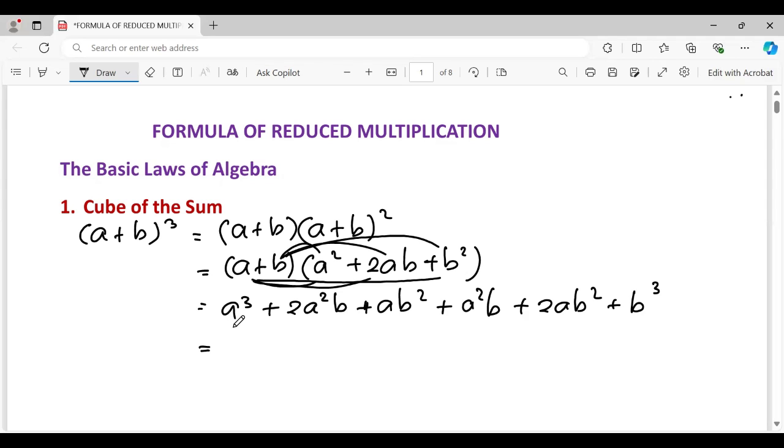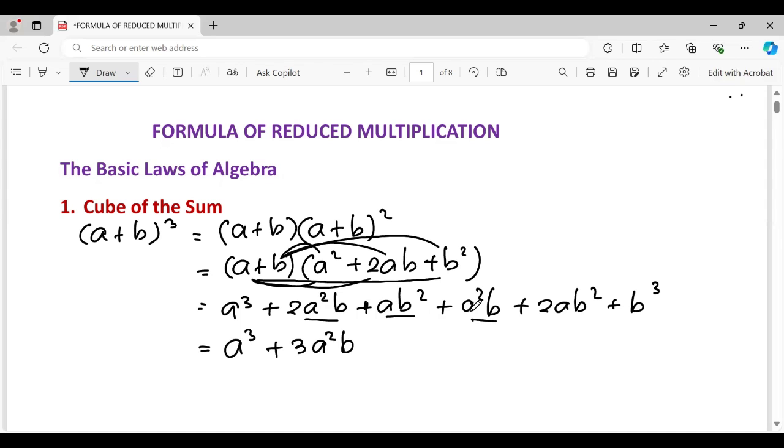And then we're going to simplify. a cubed. Look, this is 2a squared b. This is 1a squared b. So it's going to be 3a squared b.